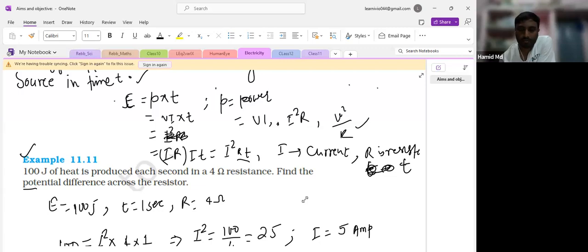So series combination. A circuit which offers only one path for the current is known as series. I didn't get the answer, your voice is too low.